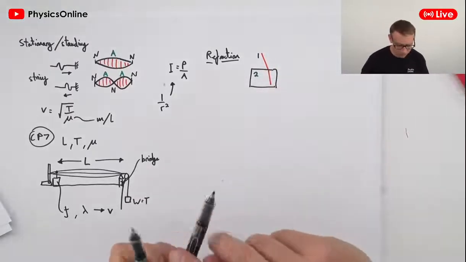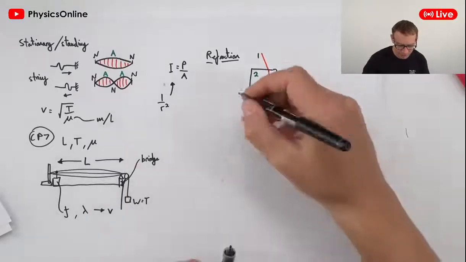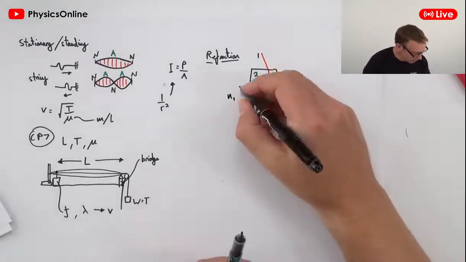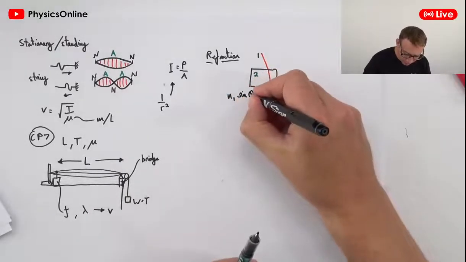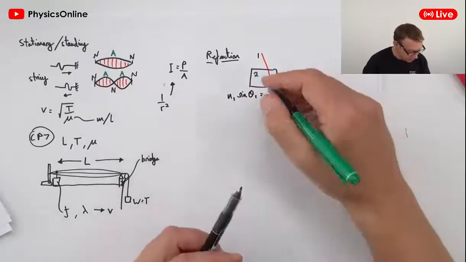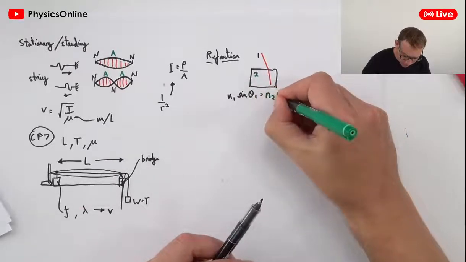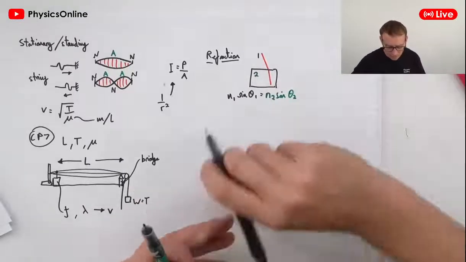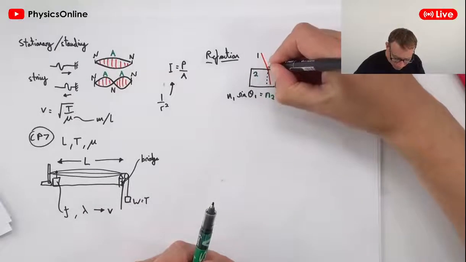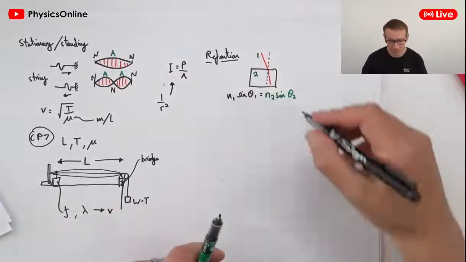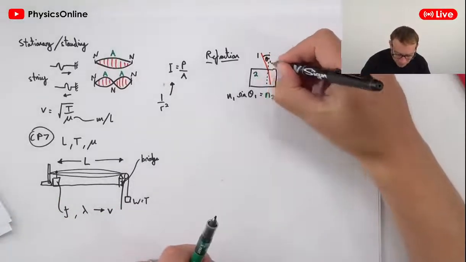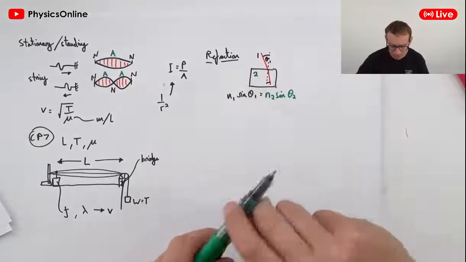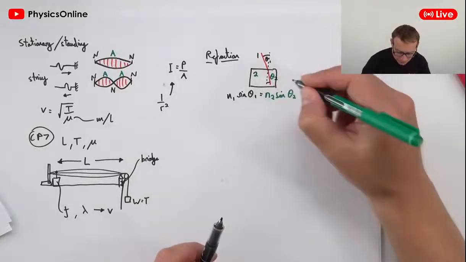What we can say, and I'm going to do it in different colours, is that n1 sine theta 1 is equal to n2 sine theta 2. Looking at this diagram, if we draw in the normal at 90 degrees to the surface, which is just GCSE knowledge, we've got theta 1 up here, and down here is where we'd have theta 2.